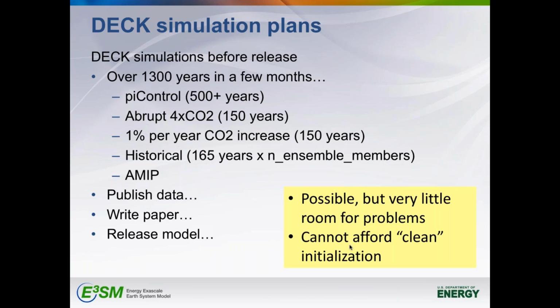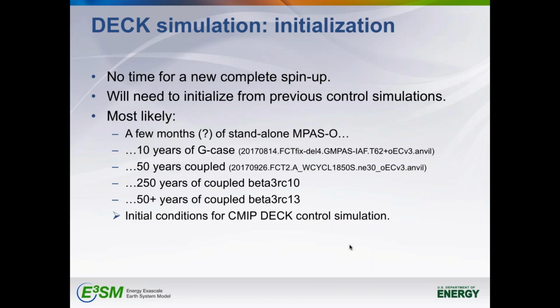So 400 years of additional spin-up would be 8 weeks, and sometimes even more. That is completely impossible. So the backup plan is to reuse initial conditions from previous coupled simulations. And this is what most modeling centers do anyway, so I think we won't have any problem justifying it.